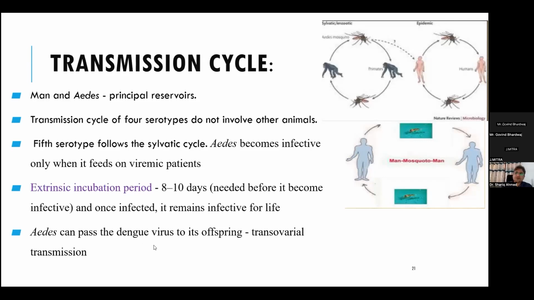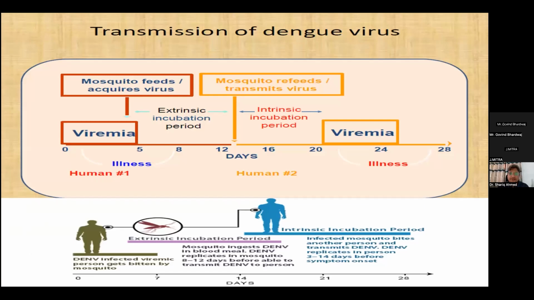An Aedes mosquito can also pass the dengue virus to its offspring. That is known as transovarial transmission. So if this infected mosquito gives birth to another mosquito, there is a transovarial transmission. Now the intrinsic incubation period and the extrinsic incubation period.